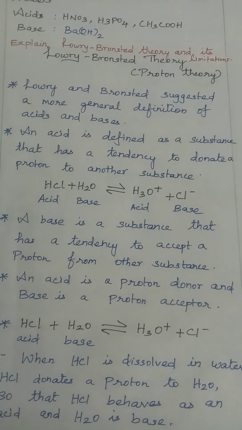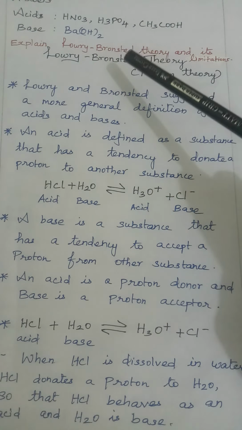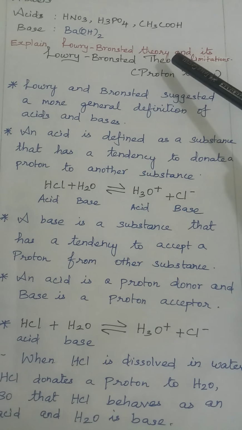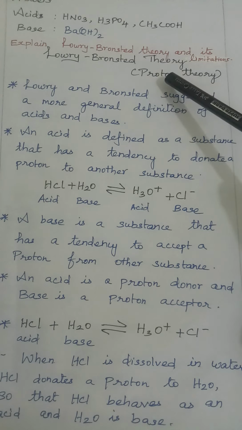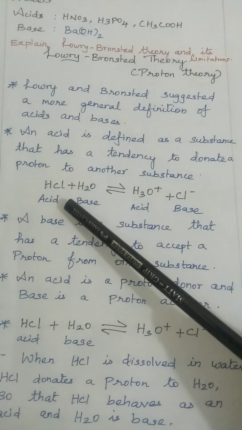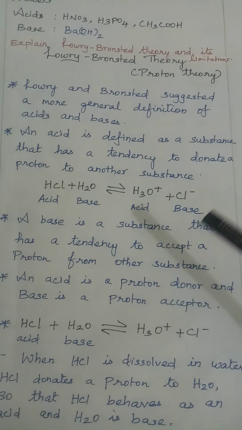So the next concept, Lowry and Bronsted concept. The concept of acid and base was proposed by Lowry and Bronsted. This concept is also called the proton theory. So what is meant by acid according to Lowry and Bronsted?